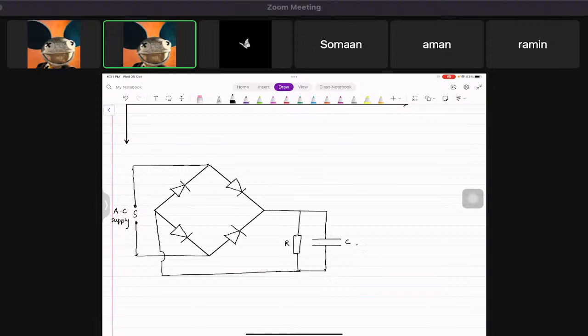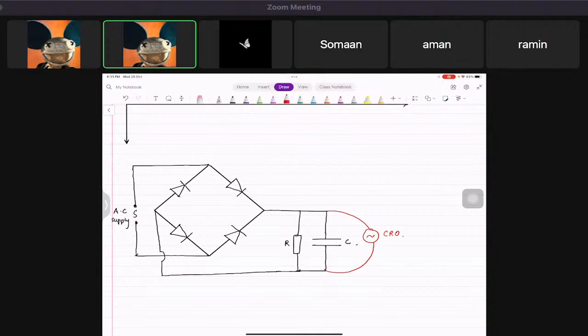See, so this is how smoothing is done. Right. And to check what is happening, we would like to put a CRO to see how the waveform is generated. Okay. Now I'll tell you how it's done.